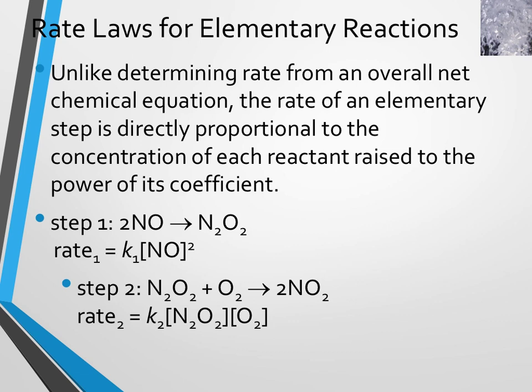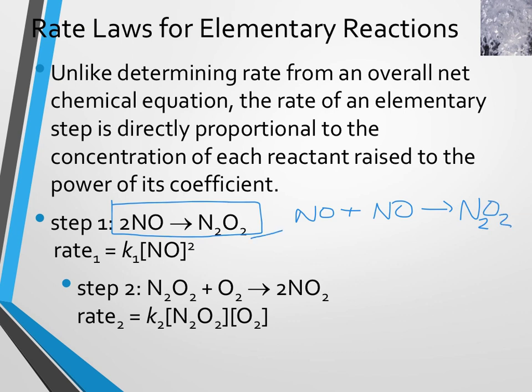So thinking about that same reaction again, let's go ahead and write the rate laws for the individual elementary steps. Step 1 for this reaction was this. If I write it out longhand, it would look like this. And the rate law, remember from an elementary step, you can write directly.